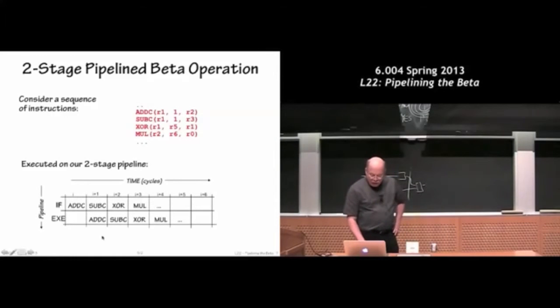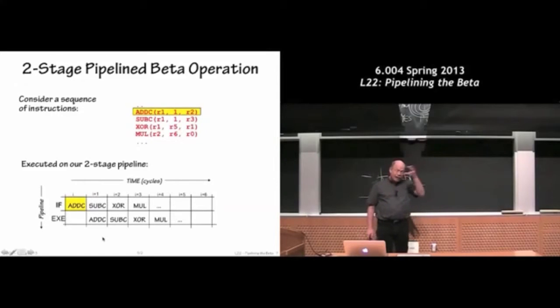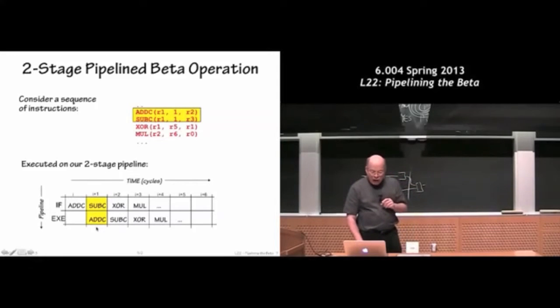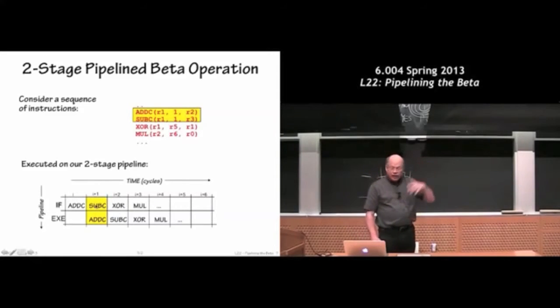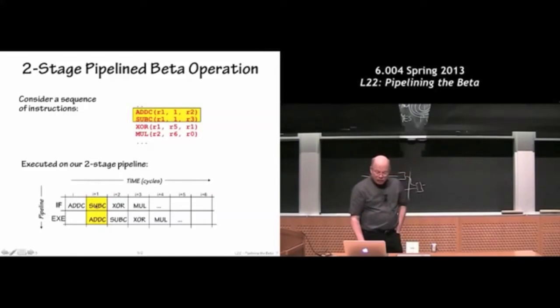So I fetch the ADC instruction in cycle I. In the next cycle, I'm going to be executing the ADC instruction in the execute stage. And while that's happening, I will be fetching the next instruction, the SUBC instruction, from memory. So those two things are happening concurrently in a single clock cycle.